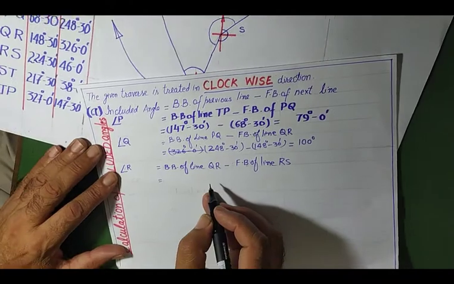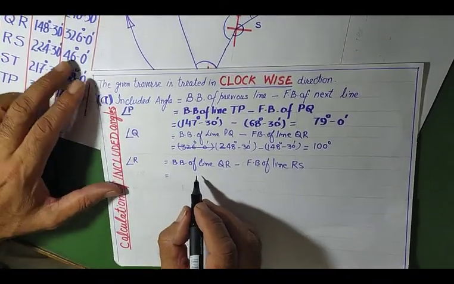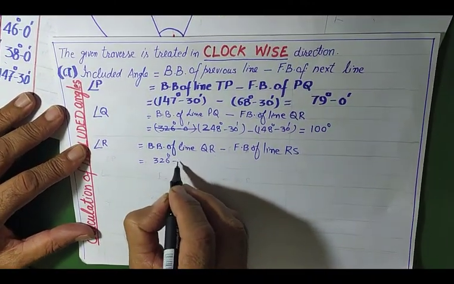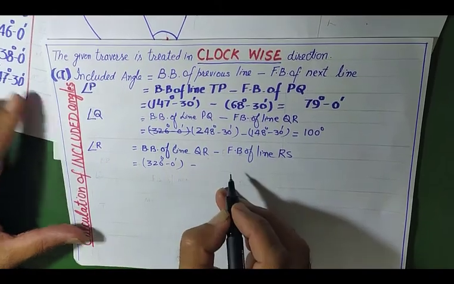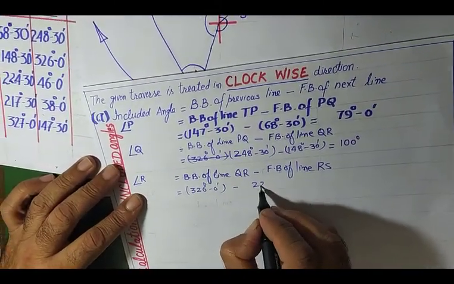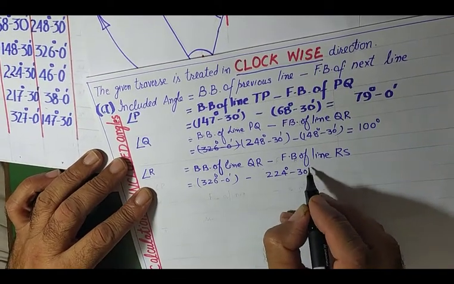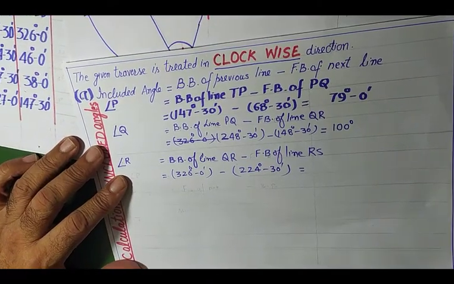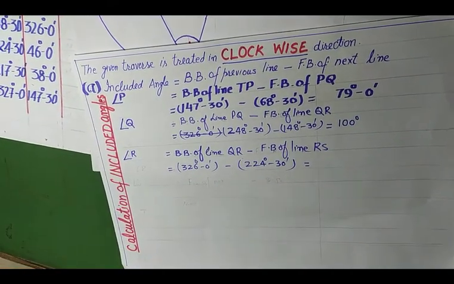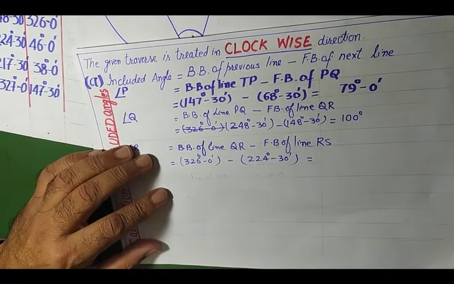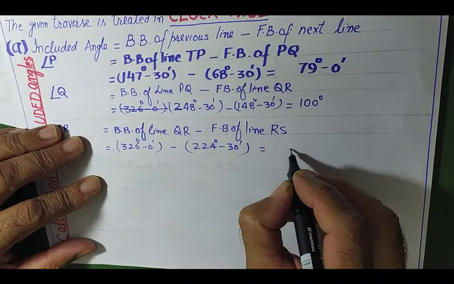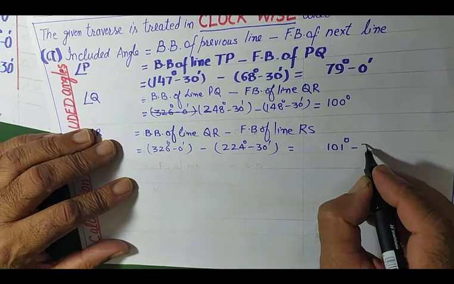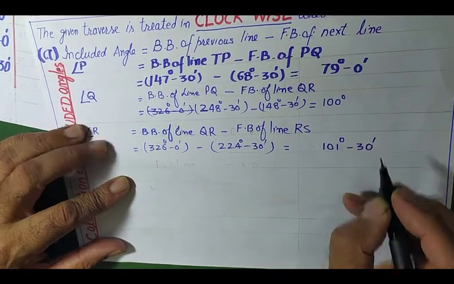The numerical values we will take from the table. The back bearing of line QR is 326 degrees 0 minutes, and the forebearing of line RS is given as 224 degrees 30 minutes. So angle R comes to be 101 degrees 30 minutes. So this is the angle R.